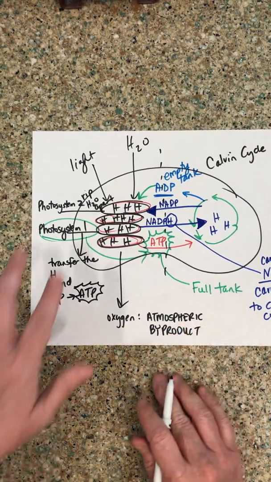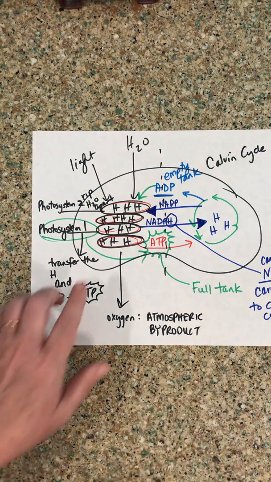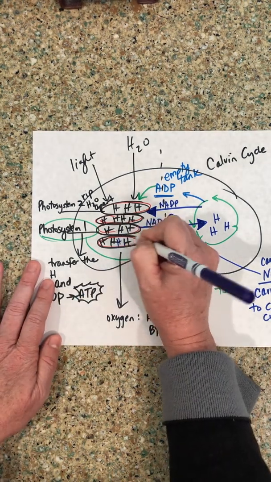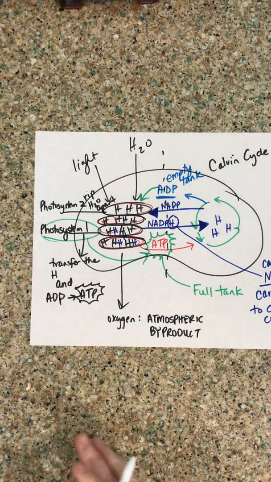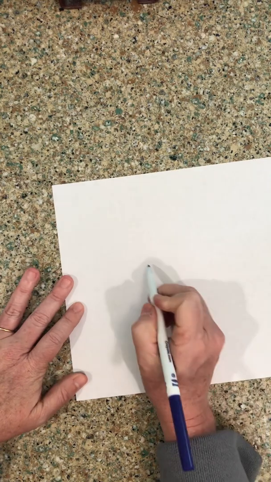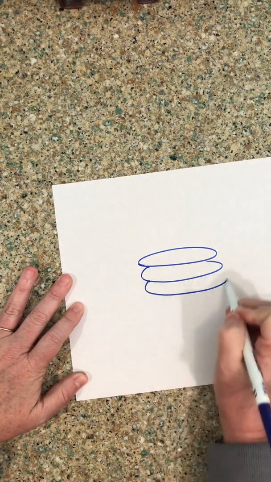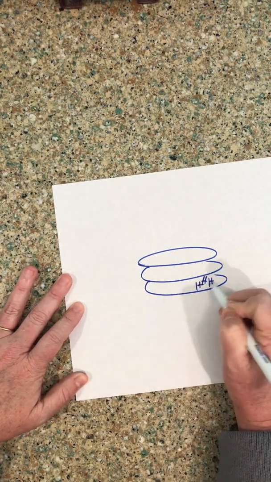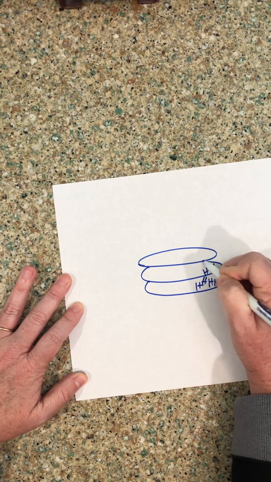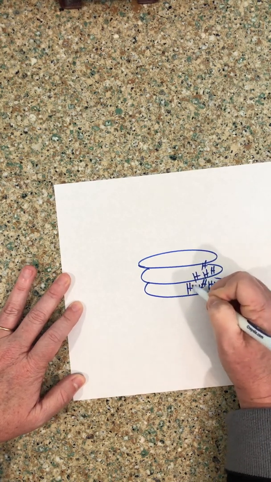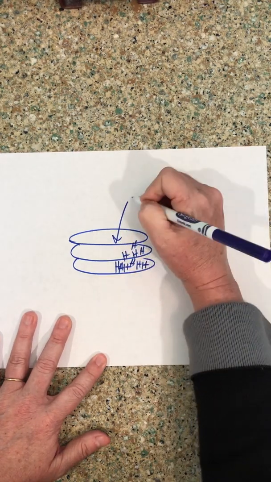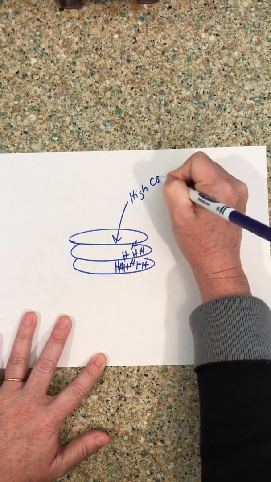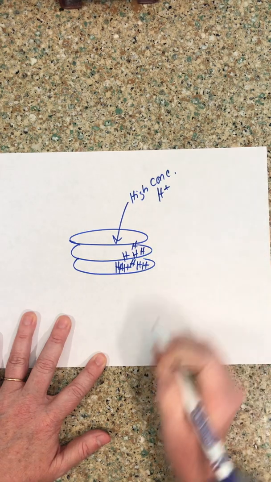So this hydrogen is kind of cool because we know that as concentrations build up, and if you were to look inside that chloroplast and inside that thylakoid, after there's a lot of photosystem 2 going on and a high buildup of hydrogen, inside is high concentration of hydrogen.